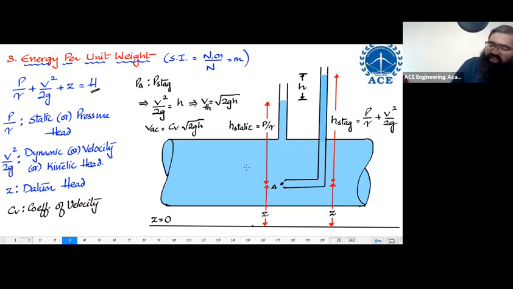Imagine the side view of this particular diagram. Let me show it in the side view. The side view of this diagram would be something like this. Let us say you have a pipe something like this.